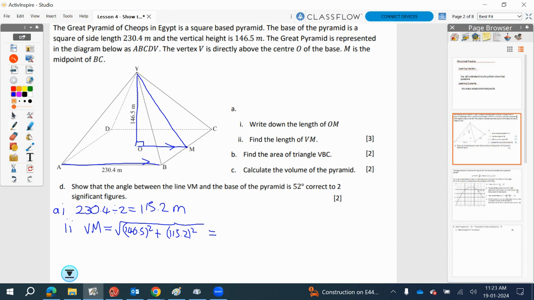A lot of you need to get better at three significant figures. You're still not focusing correctly on three significant figures. So this is 186.